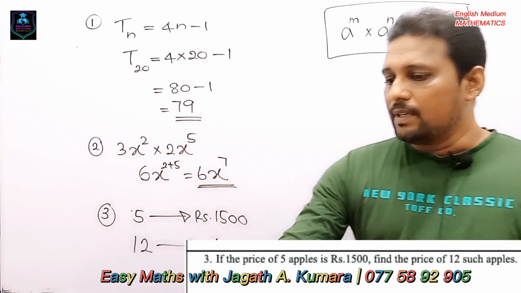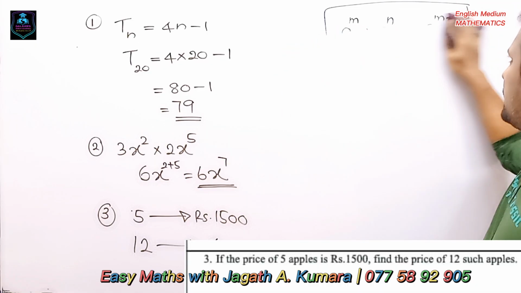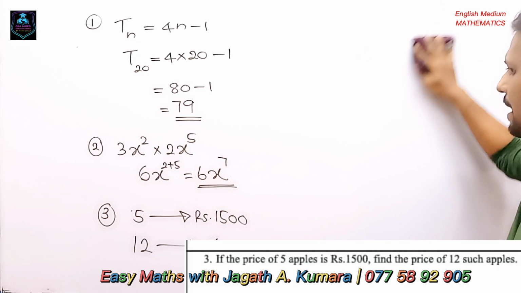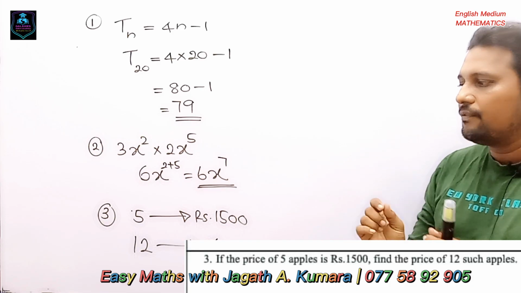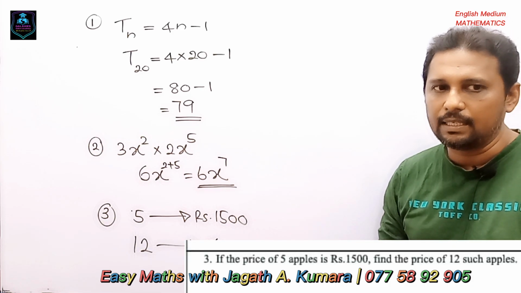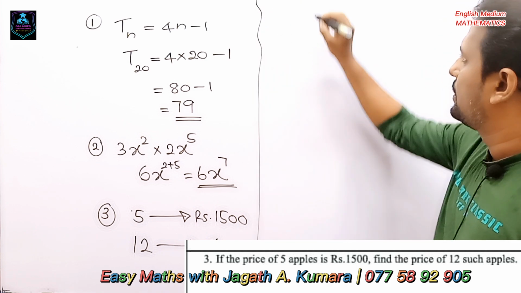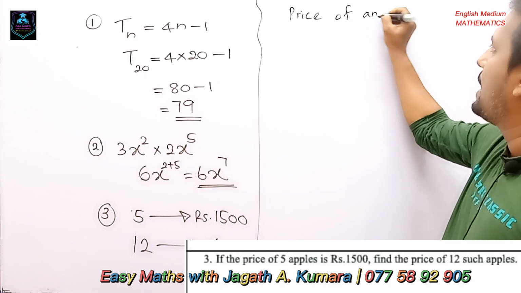The question given, the price of 5 apples is 1500 rupees, then I can find the price of 1 apple, right? If you use the unitary method, briefly you have to write the steps clearly. So the first step should be the price of an apple.